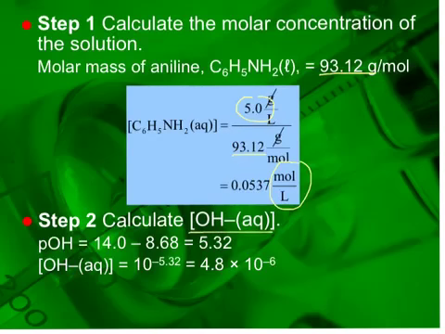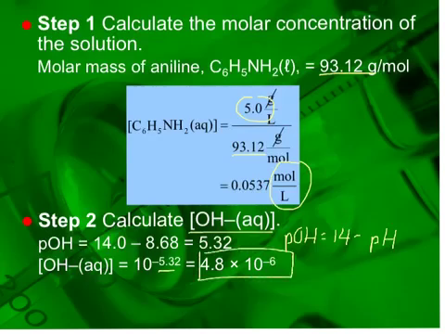We're told the pH is 8.68, however, we can find the pOH by subtracting the pH from 14. In this case, it is 5.32. Now we raise 10 to the power of negative 5.32 to find out the concentration of hydroxide is 4.8 times 10 to the minus 6. This is our equilibrium concentration of hydroxide, which we can put into our ICE table later.